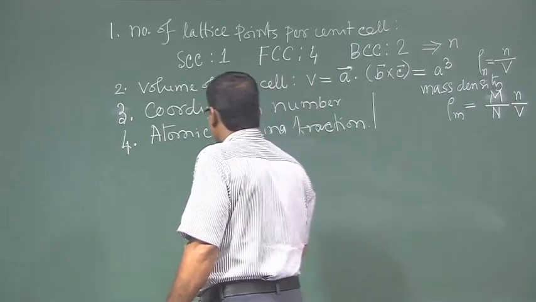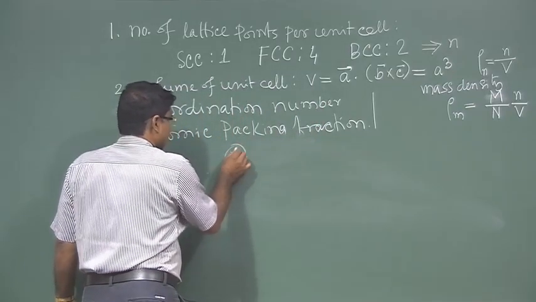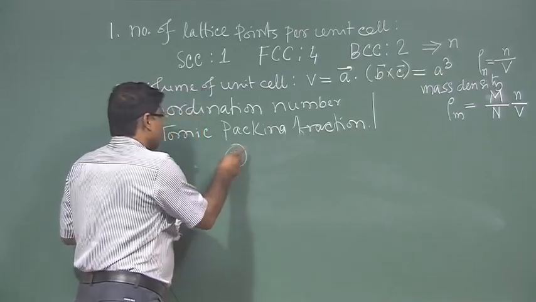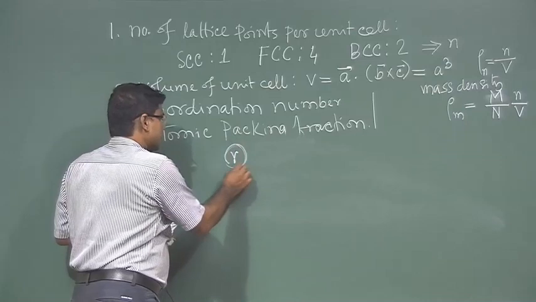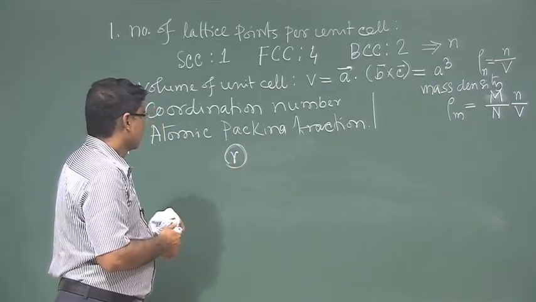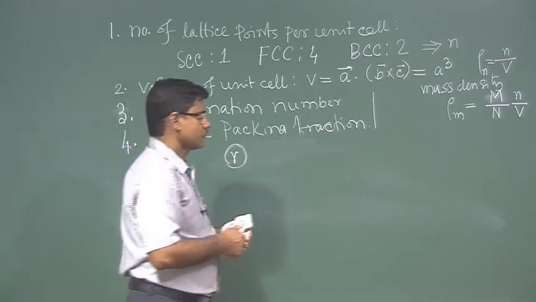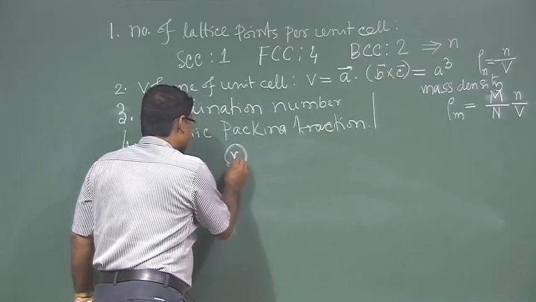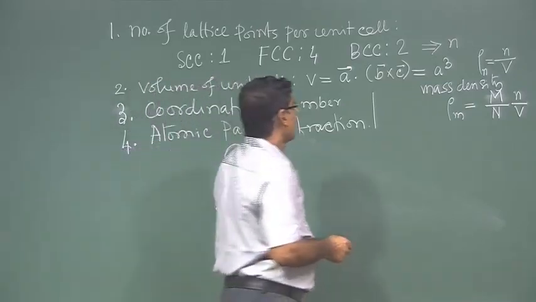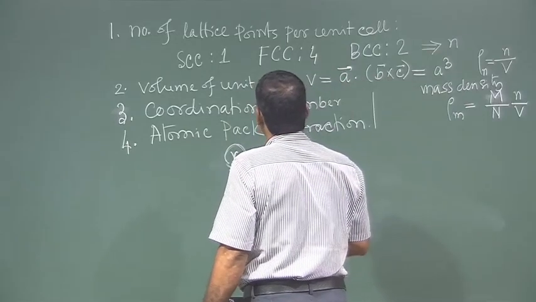So, when a basis, let us call this atom, is in a lattice, then the size of the atom or radius of the atom in terms of lattice parameters we can find out.